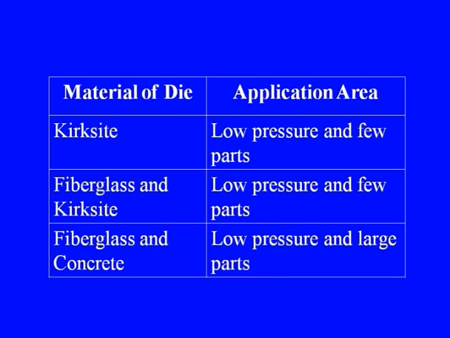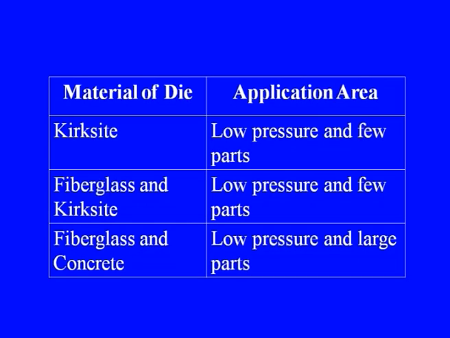Here are some die materials shown on the screen. One is calcite, as I have already indicated. This is for low pressure and few parts only, because the life of the die will not be that long. Then fiberglass and calcite are also used for low pressure and few parts only.